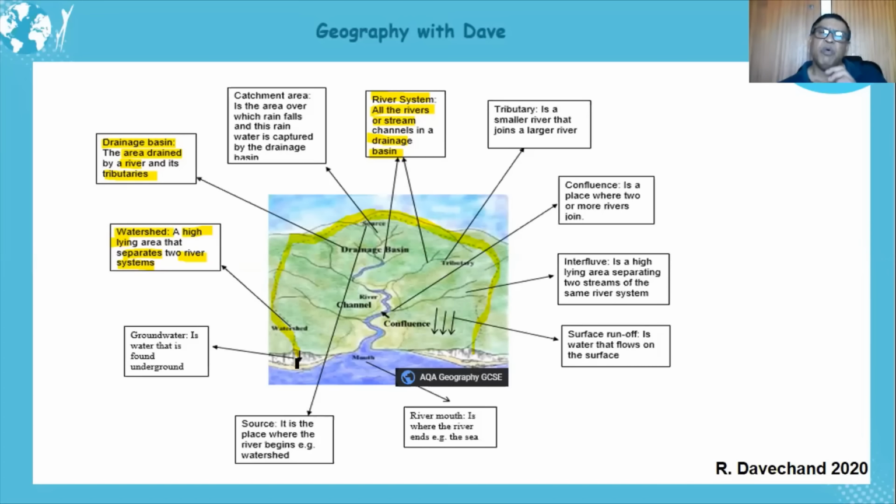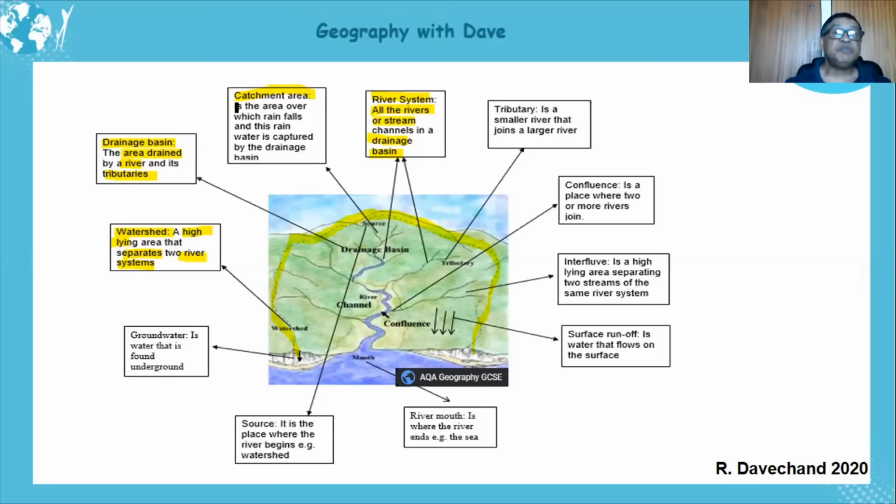Now, for the area to receive moisture, there has to be some rainfall, and it's a specific area where this rainfall will occur, and that is your catchment area. So around this watershed, which is your drainage basin, rain will occur, and this area will capture the water.